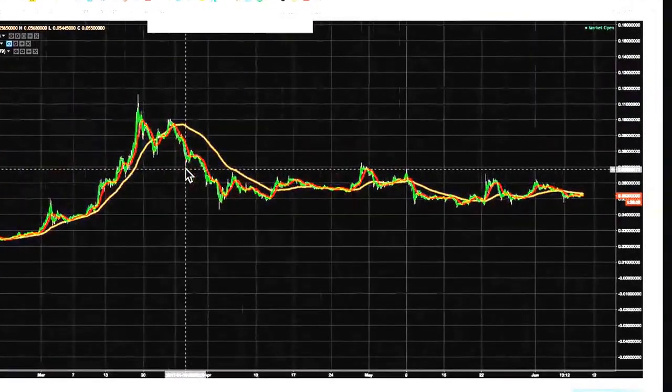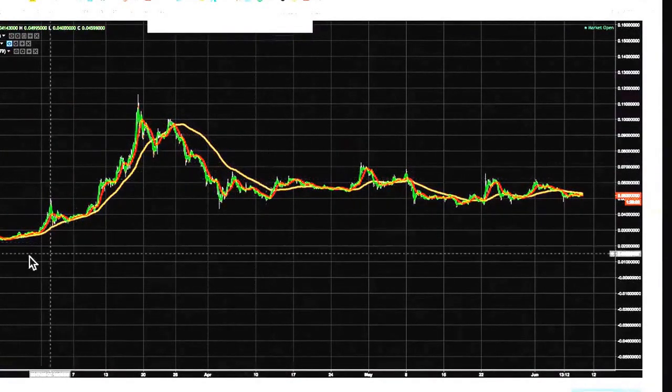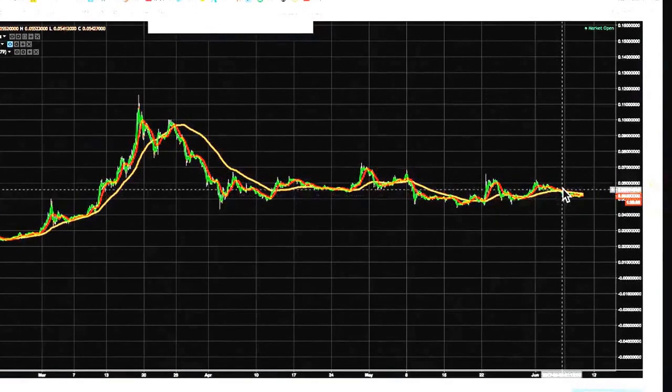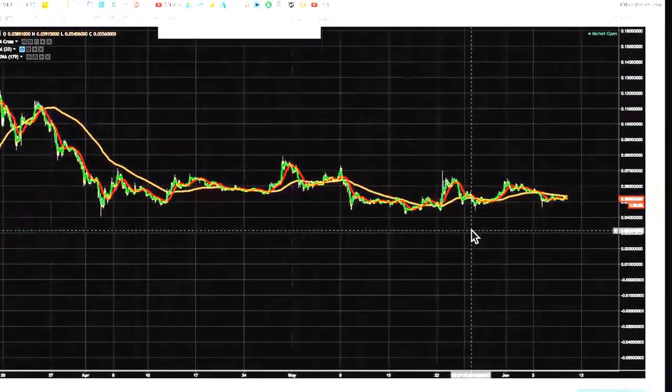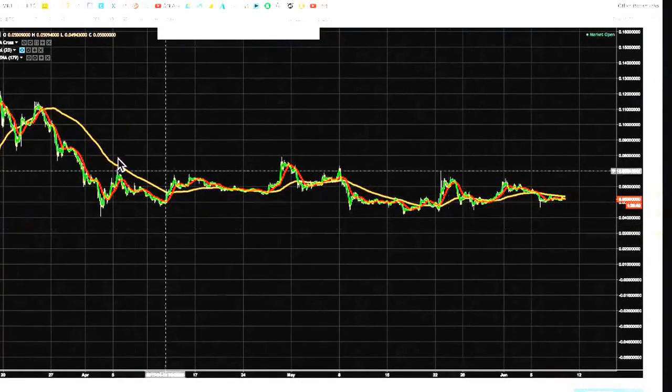So what I want to look at right off the top is this orange. We can see it went up a lot, it went down a lot, and now it's figuring out what it wants to do next. Again, we call that sitting sideways. When I make my trend lines, this is very, very simple, guys.